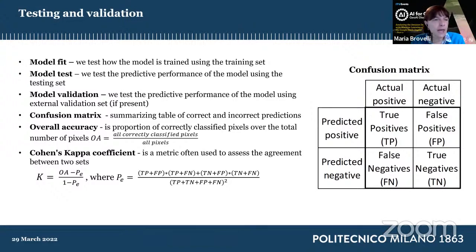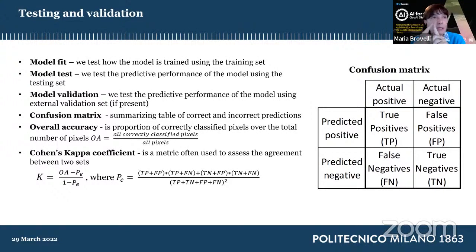Okay, so this is the data set representing for us the ground truth. So as a matter of fact, we are dealing with our images and then with three data sets. One that is used for training the model, and therefore we can check the model fit. So that is how the model is trained using the training set.